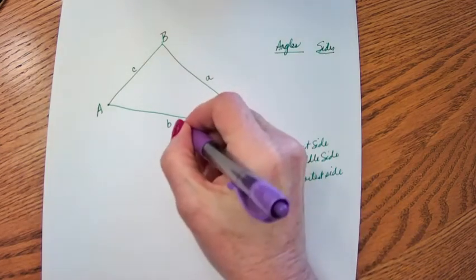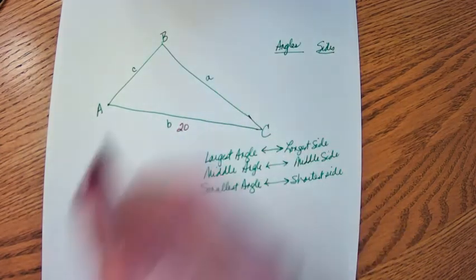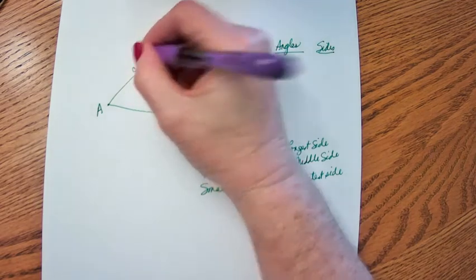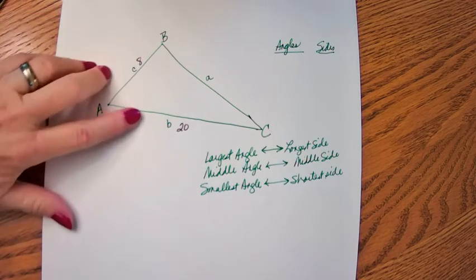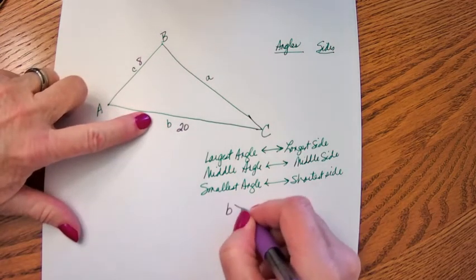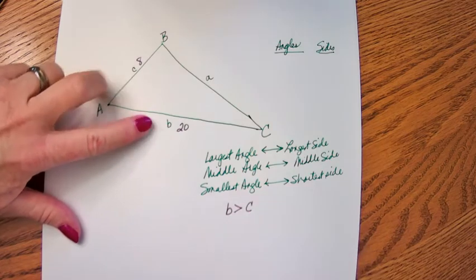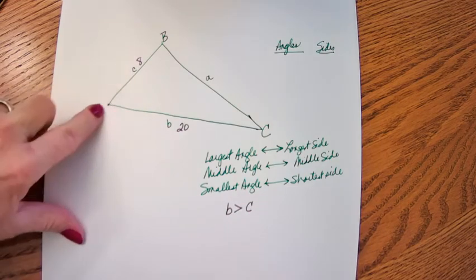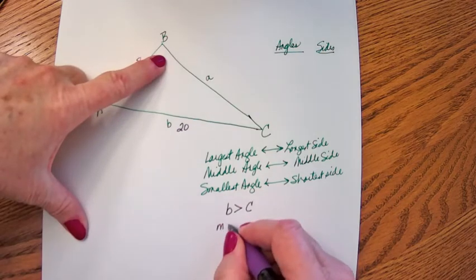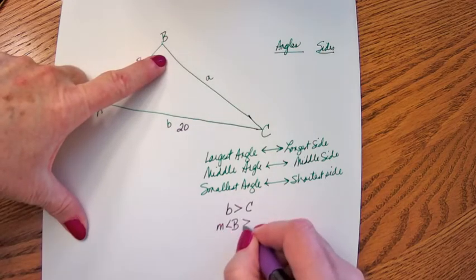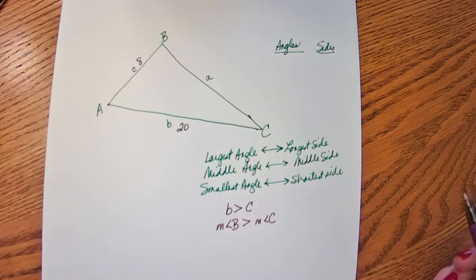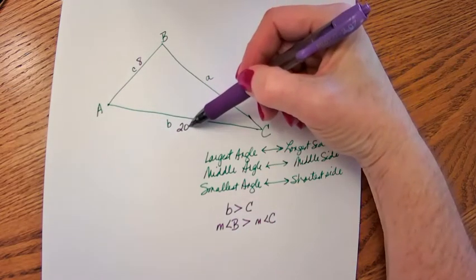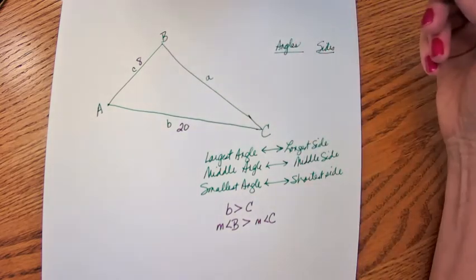So let's say this is 20 and this is 8. I may not know much else about this triangle, but if side B is bigger than side C, which it is, that tells me that the measure of angle B is bigger than the measure of angle C. The longer side is opposite the bigger angle.